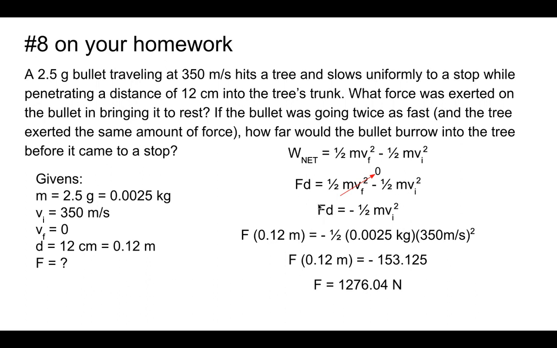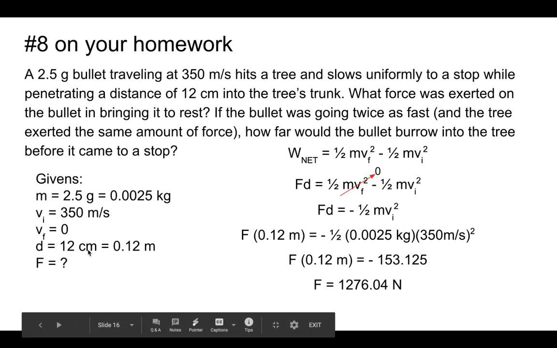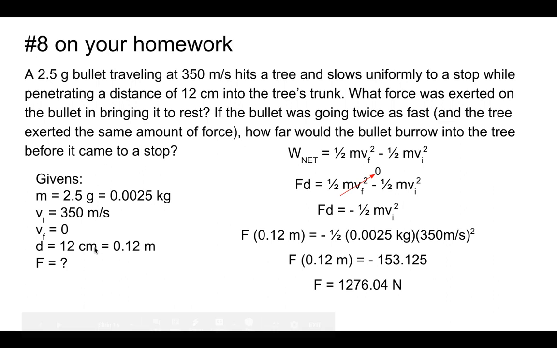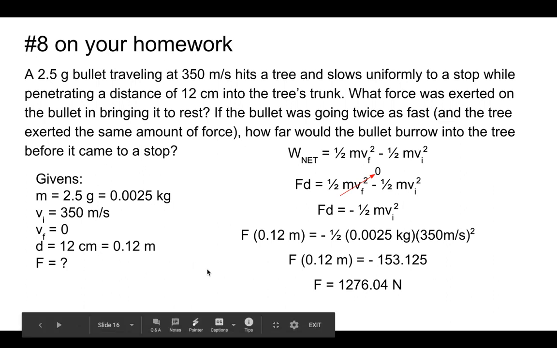Since force is the same, displacement is being quadrupled. So displacement is proportional to velocity squared. Since we're doubling velocity, we're quadrupling displacement, which means that bullet would burrow 12 centimeters times 4. So what is that? 48 centimeters into the tree before it came to a stop.